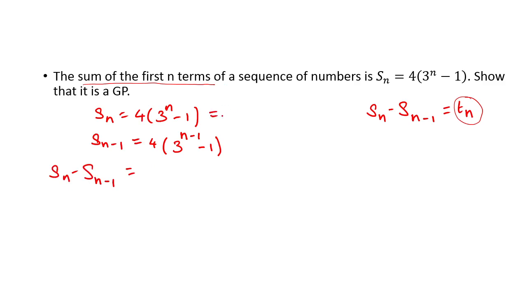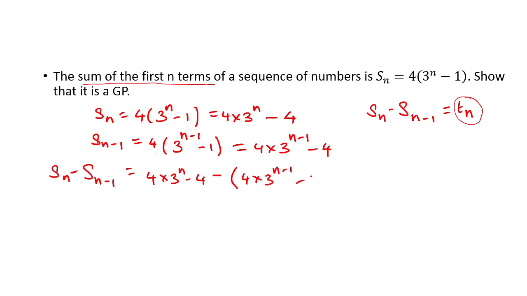This is 4 into 3 raised to n minus 4 into 1, which is 4. The same way, this is 4 into 3 raised to n minus 1, minus 4. Okay, so Sn I'll replace by this. So it is 4 into 3 raised to n minus 4, minus. Now Sn minus 1 is 4 into 3 raised to n minus 1 minus 4.